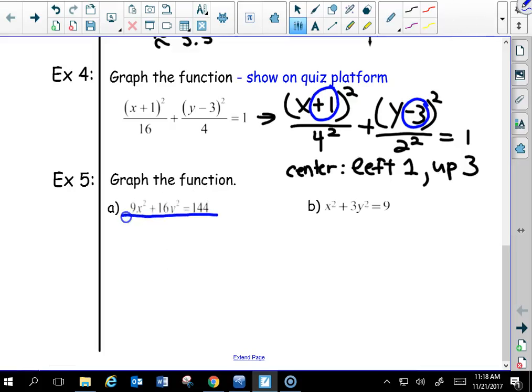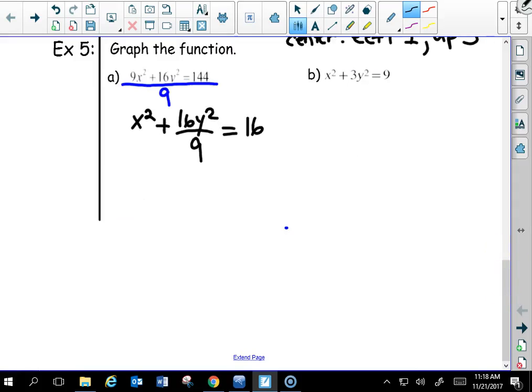I'm going to divide everything by 9. And that will give me x squared plus 16y squared over 9. And then 144 divided by 9 gives me 16. Now, this is going to look kind of weird because I am going to turn around and divide everything by 16.